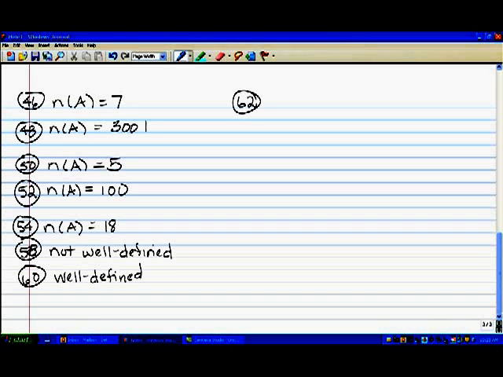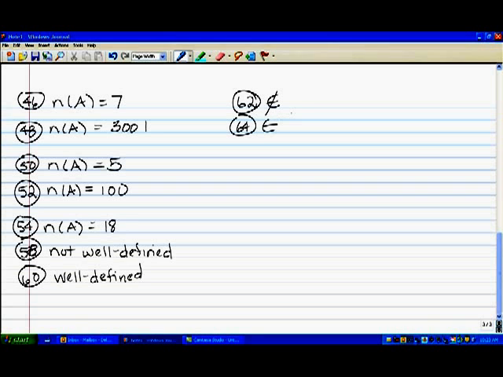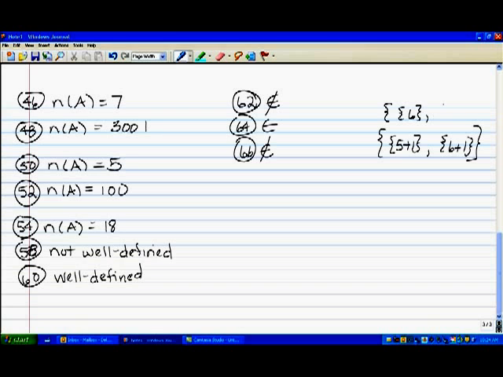All right. In 62, fill in each blank with is an element of or is not an element of. 62 is not an element of. -4 is not an element of that set. 64, 0 is an element of the set to the right. 66 is not an element of, because of the fact that we would have to have this in order for it to be an element of, so that you would have 6 and 7.